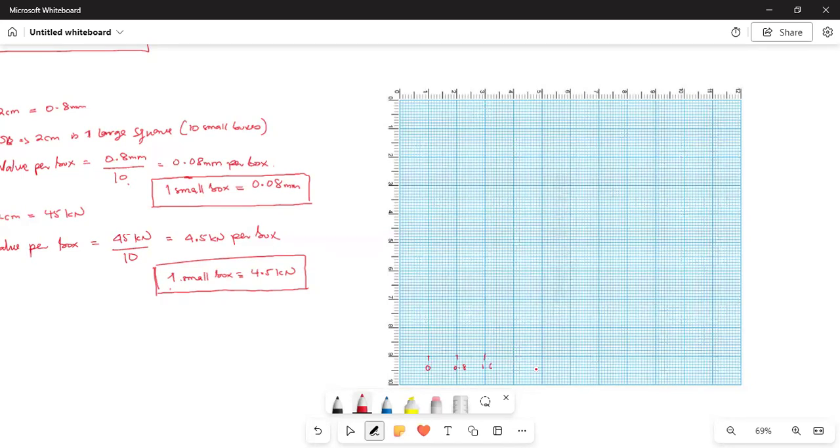If I add 0.8, I'll get 2.4. Again, I'll get 3.2, then 4.0, then 4.8, then 5.6, then 6.4.